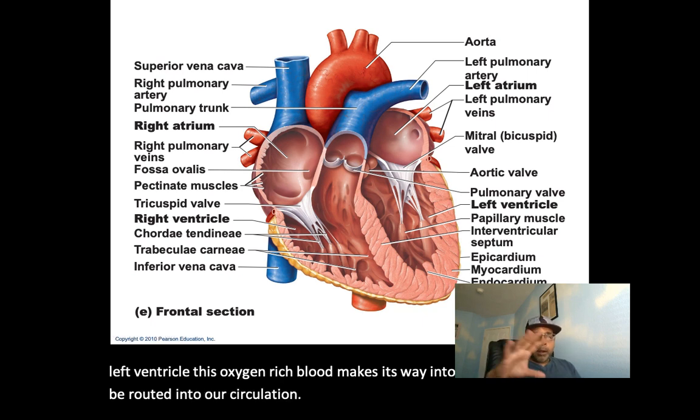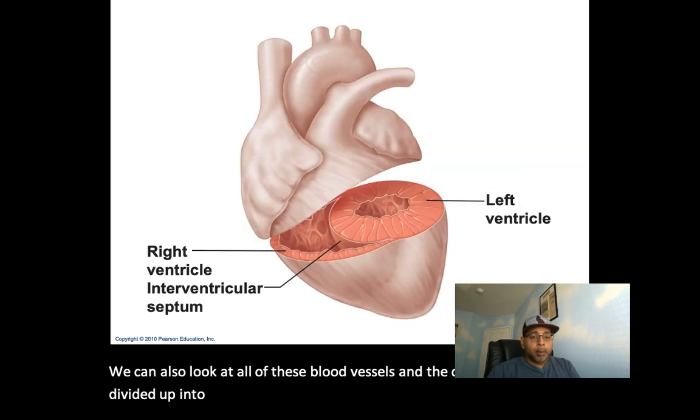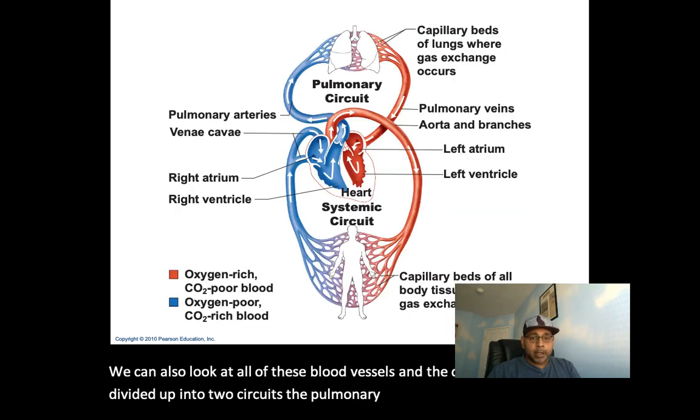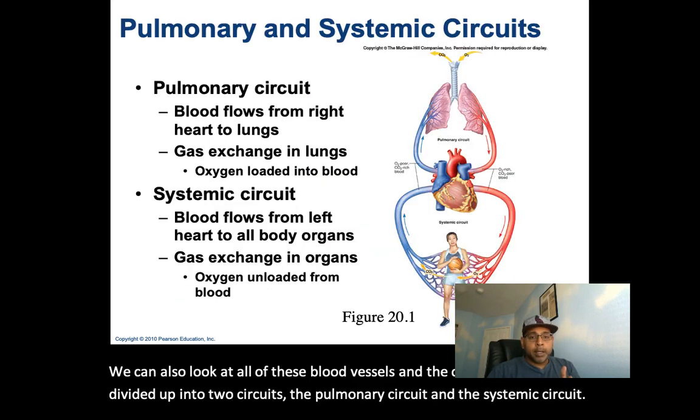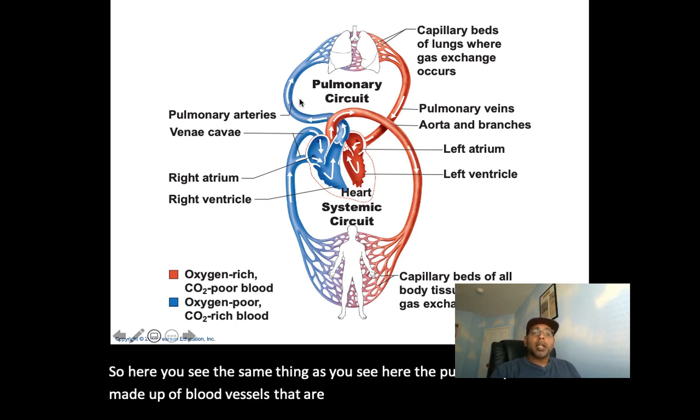We can also look at all of these blood vessels and the circulation and divide it up into 2 circuits, the pulmonary circuit and the systemic circuit. The pulmonary circuit is made up of blood vessels responsible for routing blood to the lungs and back.